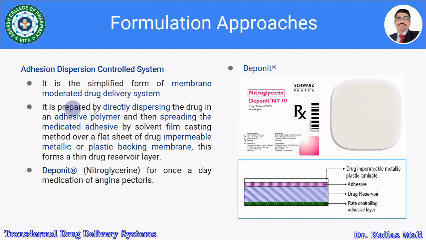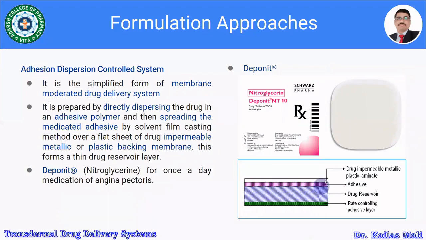It is prepared by directly dispersing the drug in an adhesive polymer and then spreading the medicated adhesive by solvent film casting method over a flat sheet of drug impermeable metallic or plastic backing membrane, and this forms a thin drug reservoir layer. Look at the figure.